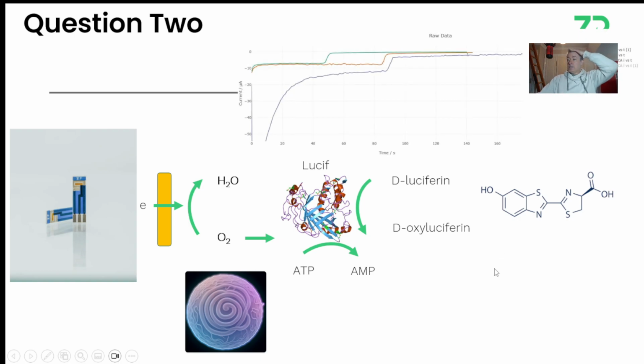These are oxygen signals that we gathered at ZP. We gather them at minus 625 millivolts by using amperometry. This is before we deoxygenate the solution, and when we deoxygenate the solution, the signal drops quite a lot. Your drop in signal is going to be linked to this enzymatic reaction between ATP, luciferin, and oxygen.